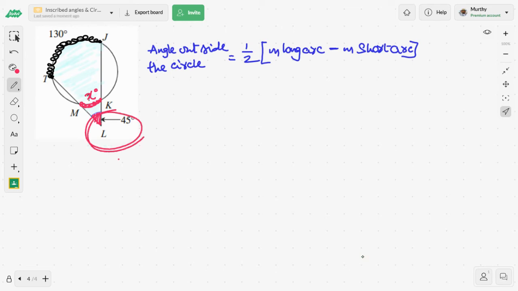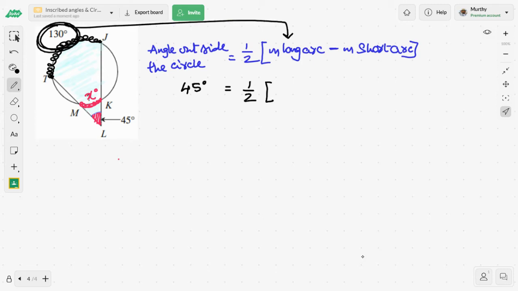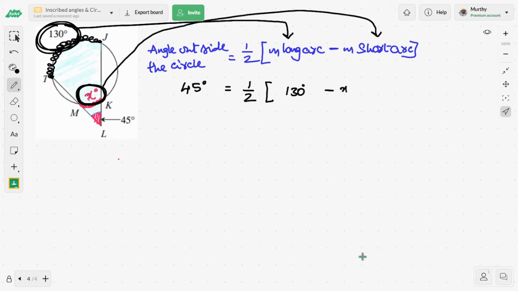Angle outside the circle is 45 degrees, therefore 45 degrees equals half of the measure of the long arc, which is 130 degrees, minus the measure of the short arc, which is x.